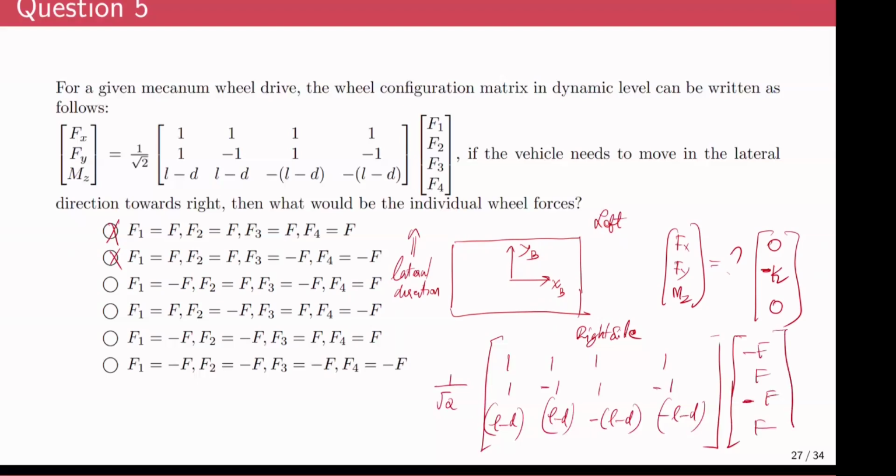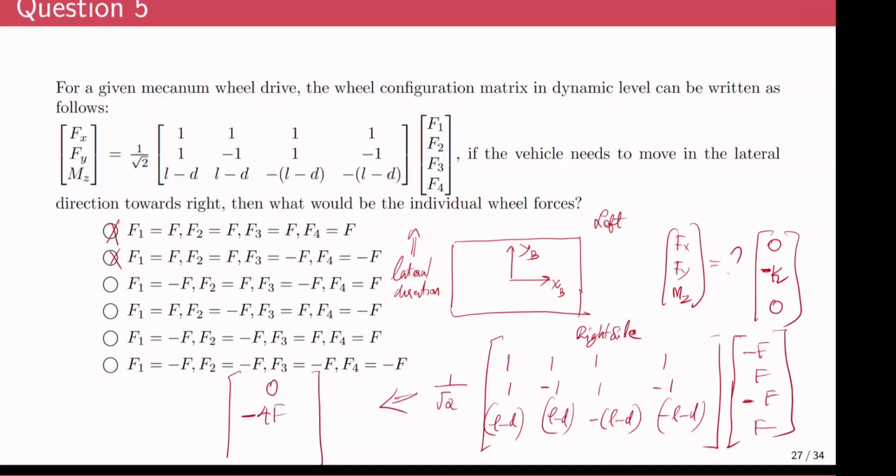So if I multiply this matrix and this vector out, what will you get? I'll just write it over here. The first entry would be minus F plus F minus F plus F. First entry is going to be 0. The second entry is minus F minus F minus F and minus F. So it's actually minus 4F.